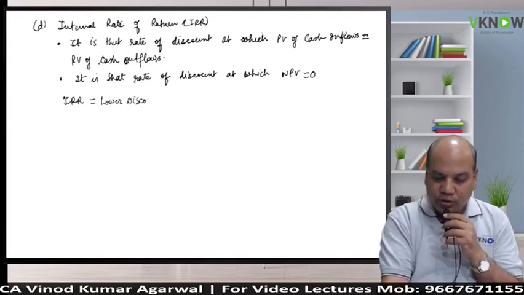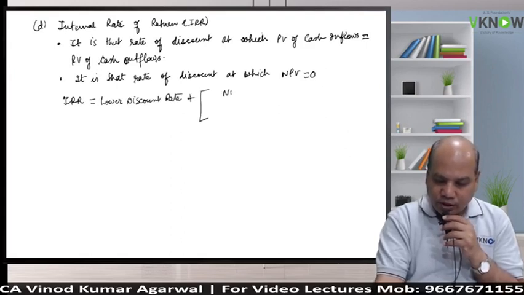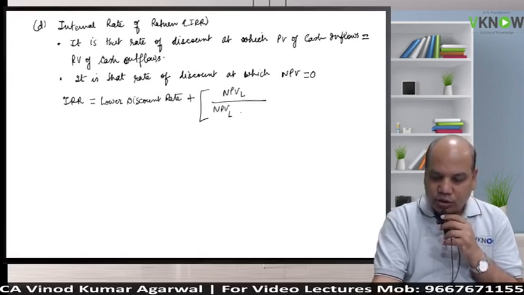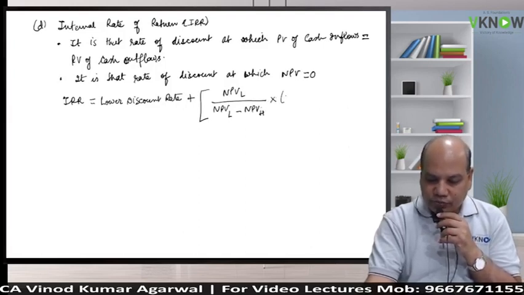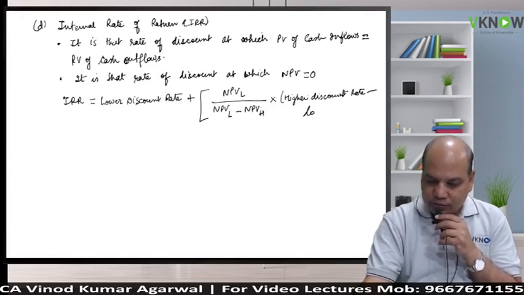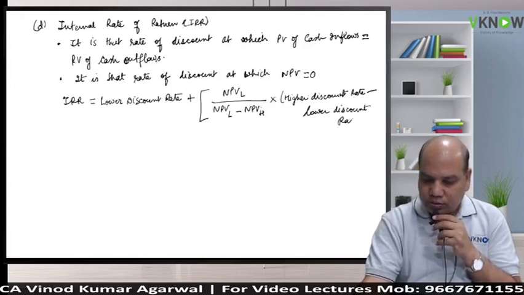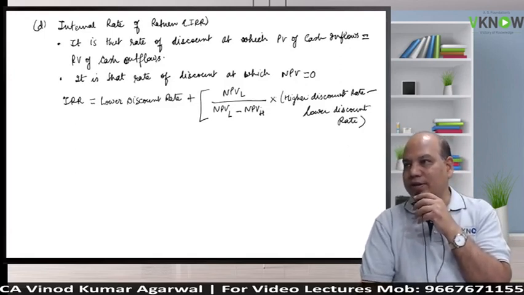Lower discount rate plus NPV at lower discount rate upon NPV at lower discount rate minus NPV at higher discount rate, into the difference between higher discount rate minus lower discount rate. Is it right?